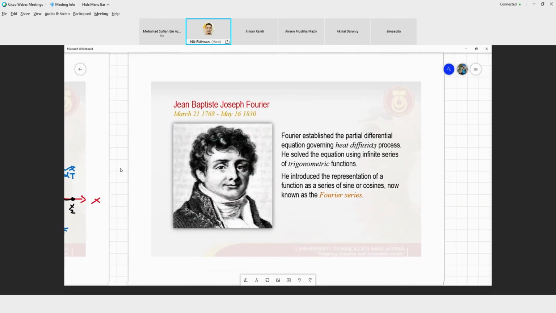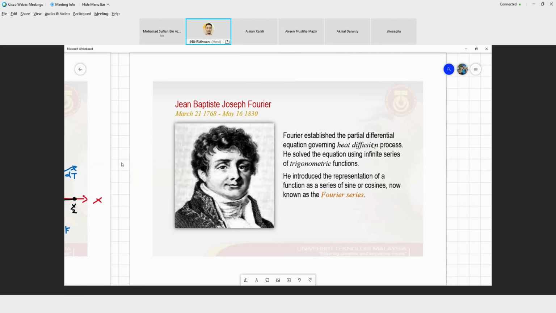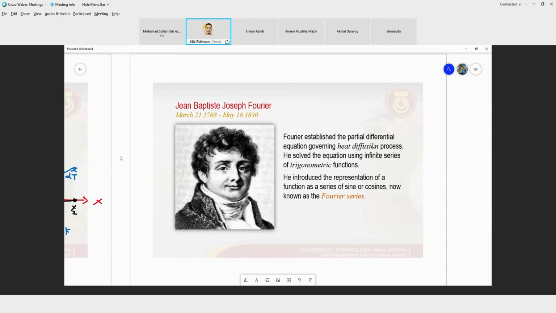All right, this is Jean-Baptiste Joseph Fourier. As you can see here, the methodology that was developed since the late 17th century is still valid today.